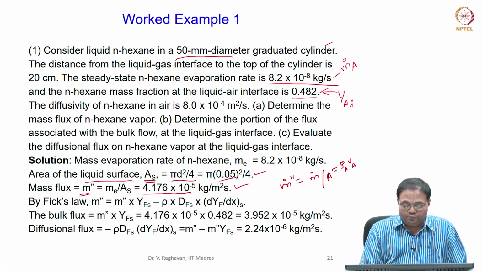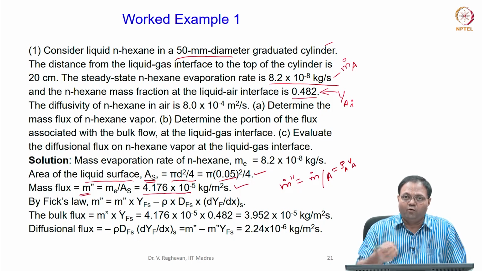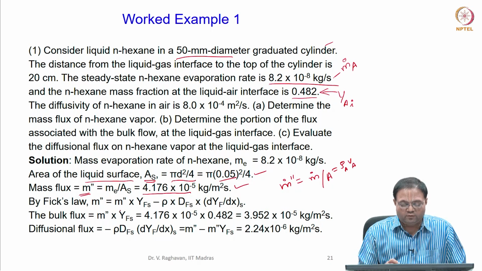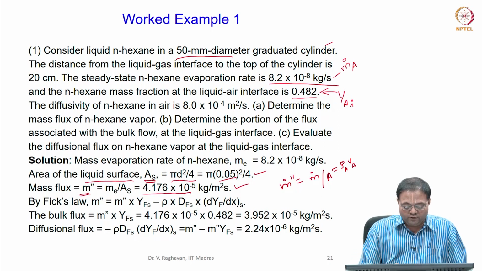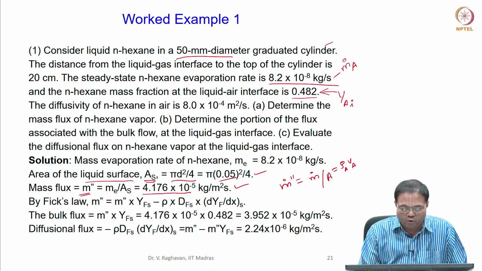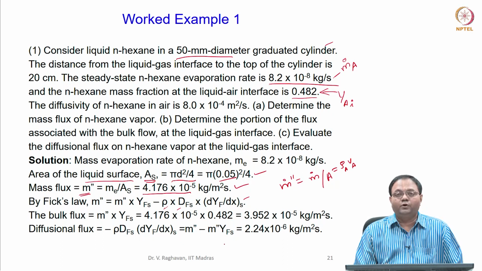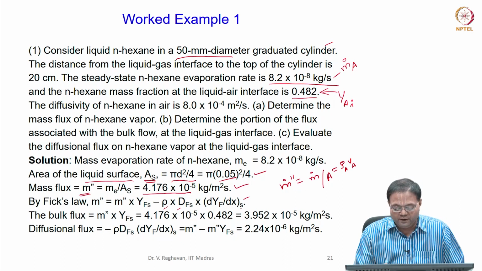Now, this rho A capital V will be equal to rho A V A, because only the liquid evaporates, there is no solubility of the gas into the liquid phase. Minus the diffusion part, which is rho DFS into the gradient DYFS by DX.